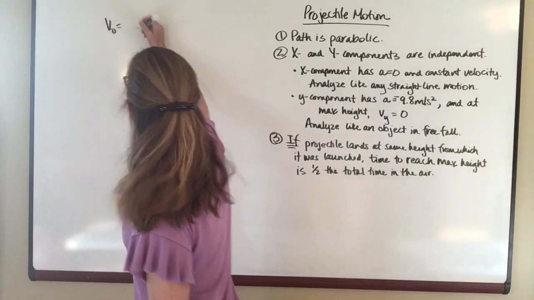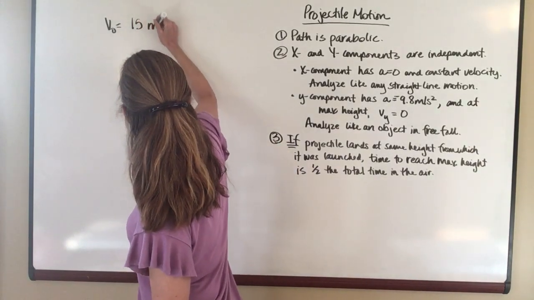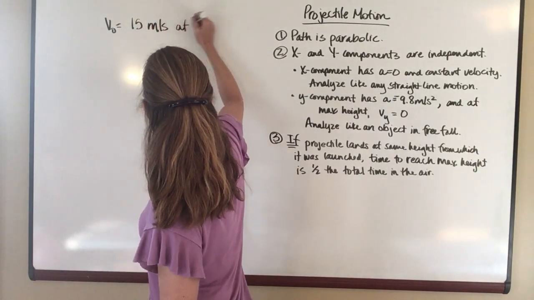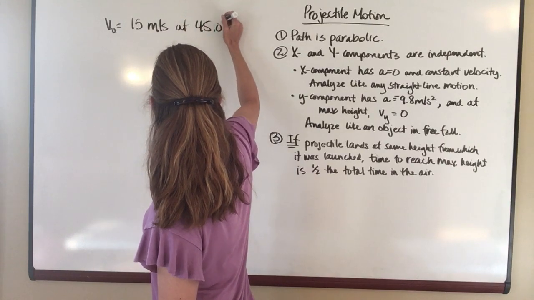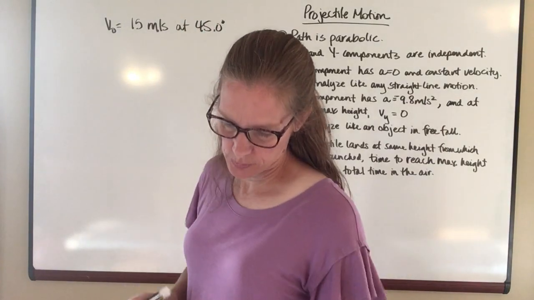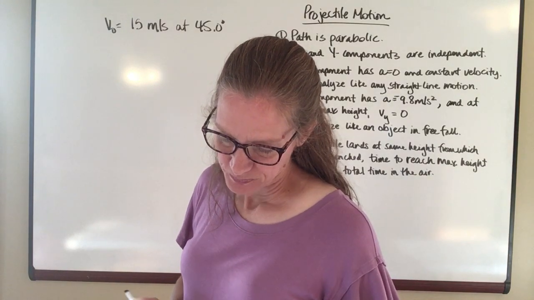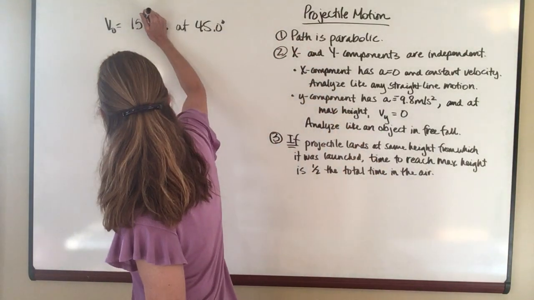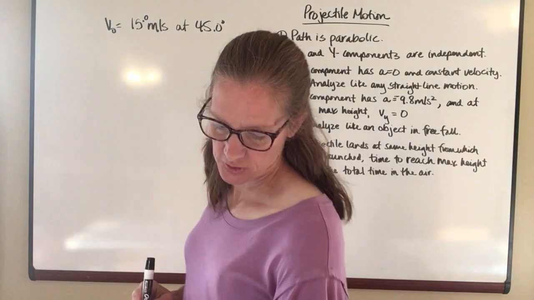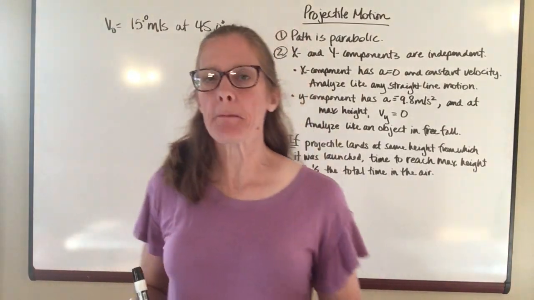Yeah, 15 meters per second at 45 degrees from the horizontal, okay? So that's my vertical component, and this had a 0.0 on it, so make sure I got all my significant figures in there. And I'm looking for the maximum height.